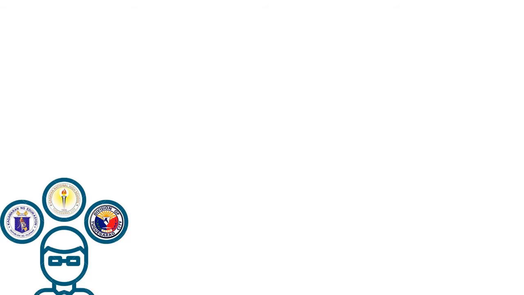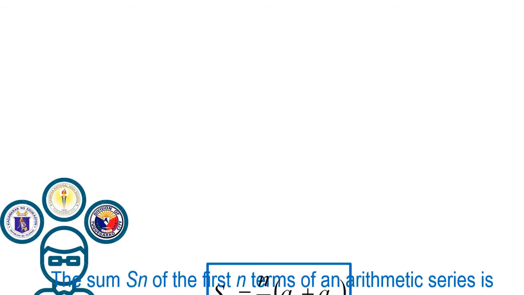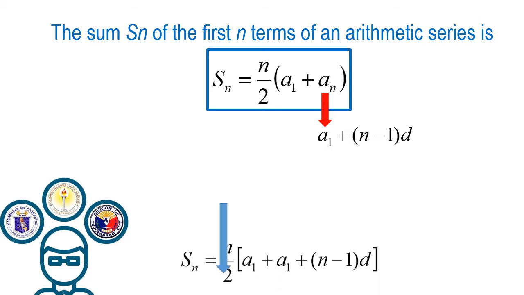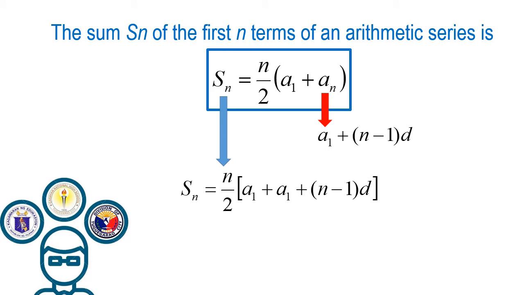The first formula, class, will lead us to another formula in getting the sum of the terms of an arithmetic sequence. Recall that a sub n is equal to a sub 1 plus n minus 1 times d. Replacing a sub n in our first formula gives us S sub n is equal to n over 2 times a sub 1 plus a sub 1 plus n minus 1 times d.